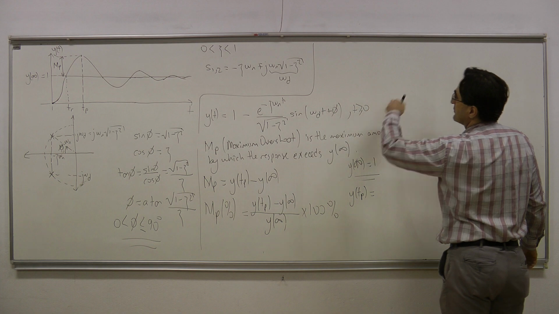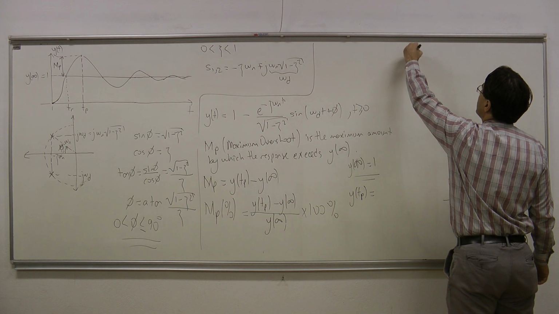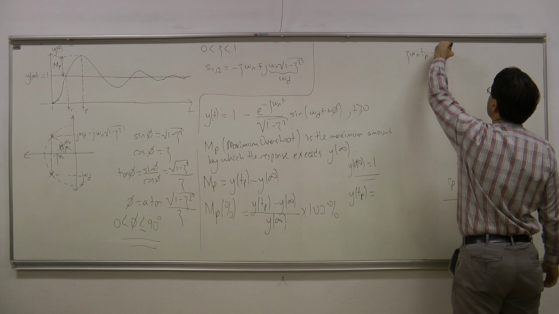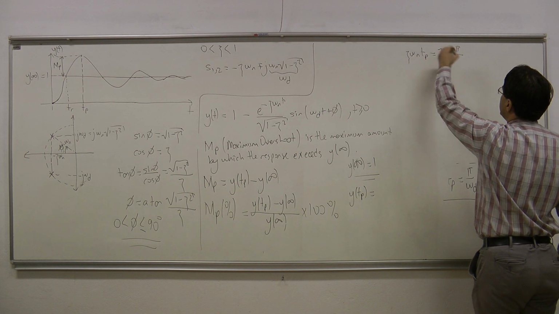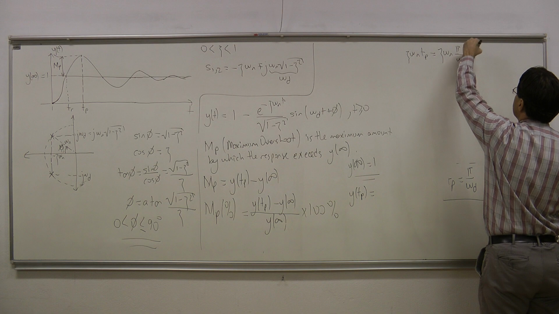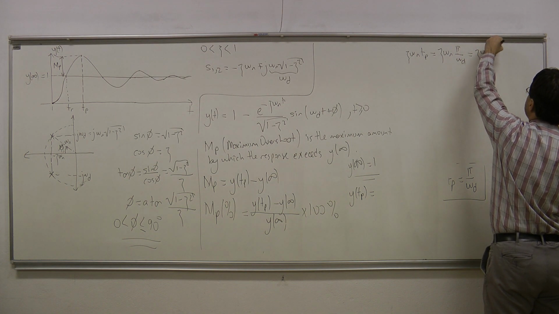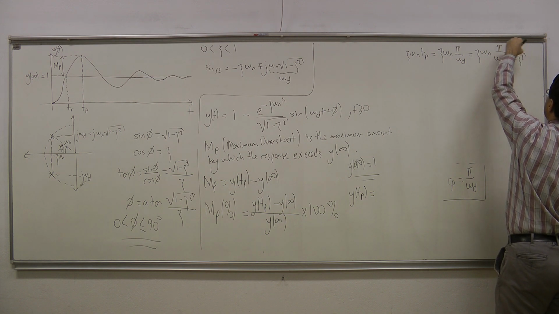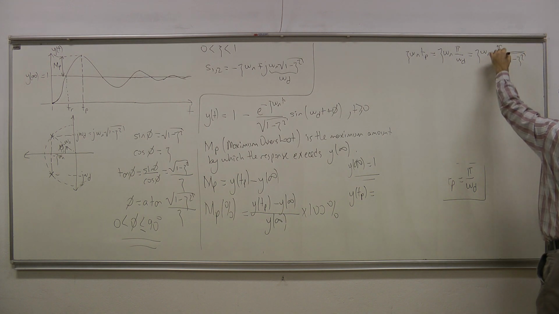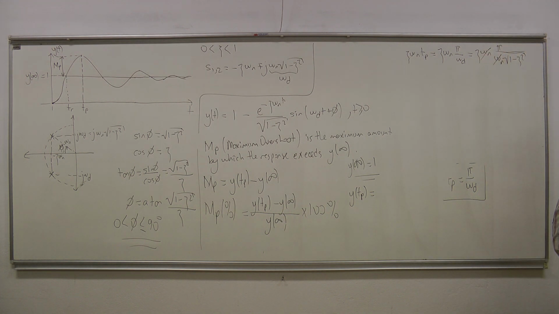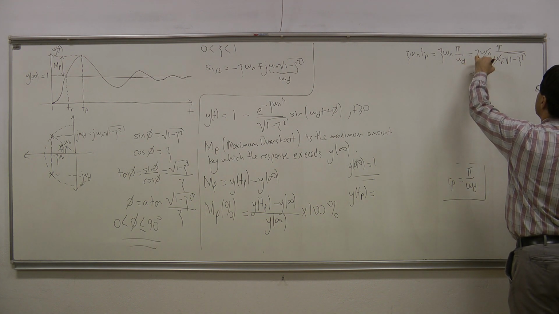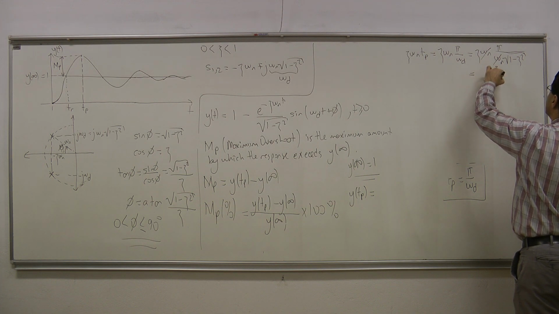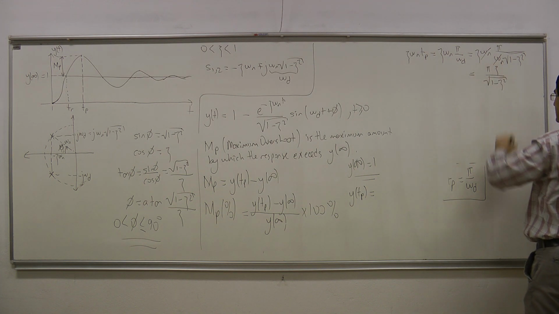So maybe I should make some calculations first. Psi omega n Tp is equal to psi omega n, and Tp is pi over omega d. If I write psi omega n times pi over omega n square root of 1 minus psi square, because this is what omega d is, the omega n's cancel here, and that gives me pi times psi over square root 1 minus psi square.